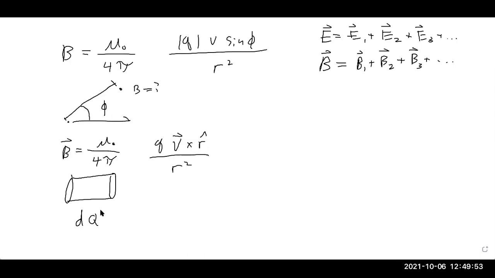in this wire or beam of charges moving, is going to be equal to the amount of charge over the whole thing. So this dq segment is just how much charge is in here, which is the product of the charge of every individual charged particle, which is going to be lowercase q, times how many charged particles are in this segment, which is just the density times the volume.